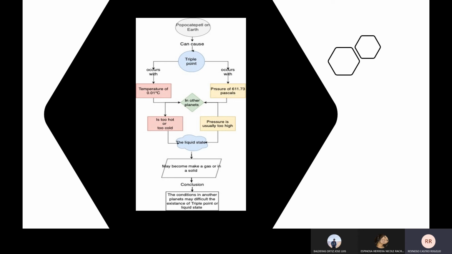In other planets, as my partner said, it's too hot or too cold, and the pressure is usually too high. And another problem is that the liquid state may become a gas or a solid. So in conclusion, the conditions on other planets may make the existence of the triple point or liquid state difficult.